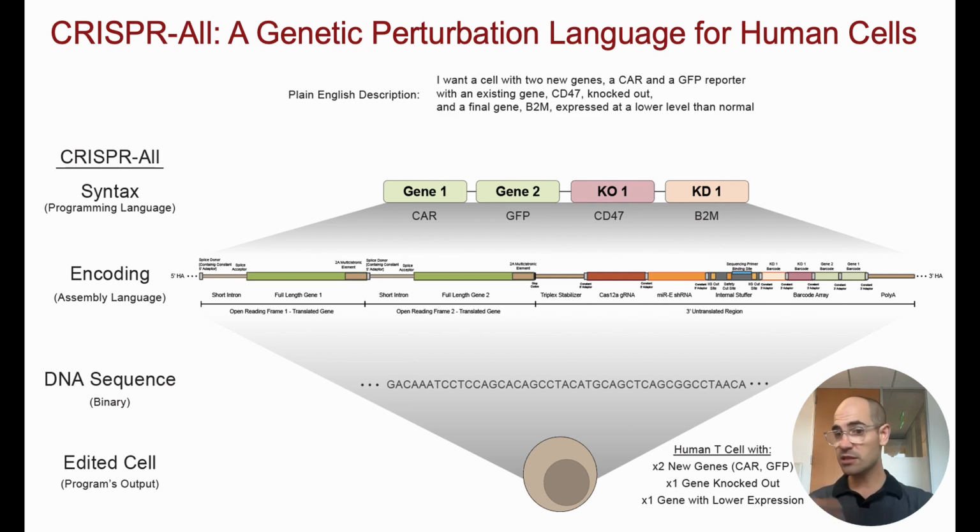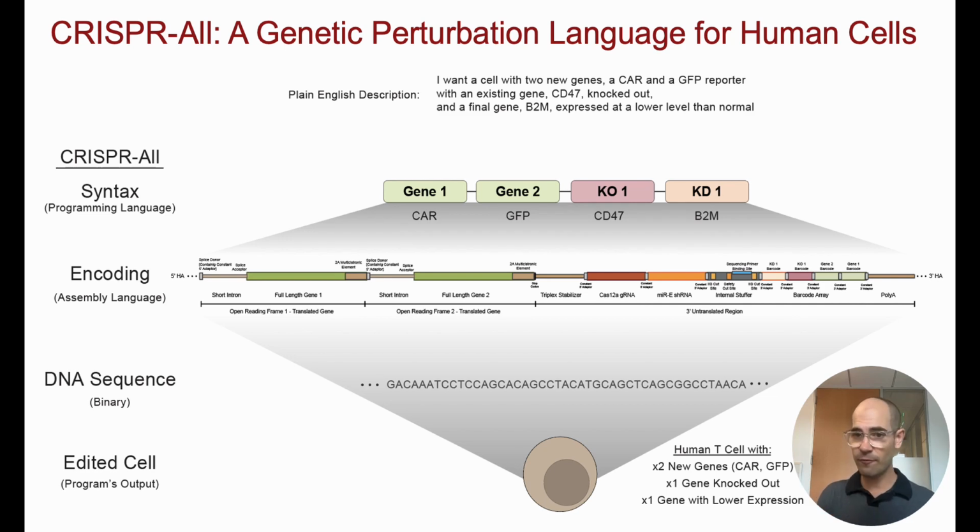In the same way that you might write code for a program in Python or R, or increasingly just typing into a large language model what you want the code to do, and ultimately you get a program that does what you want. And you don't have to know about machine language or assembly language code or the binary sequence that's actually going to be loaded onto the CPU and how that's going to execute to give you the output.